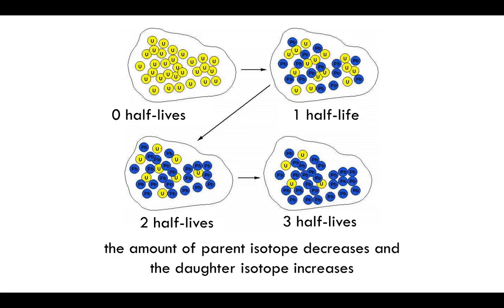And then by 2 half-lives, half of that half, and then by 3, half of that half of that half, and you can see that the amount of lead gets bigger and bigger and bigger. So here at 1 half-life it's 50%, and then it's 75, and so on. It continues to increase until eventually it's all daughter isotope and the parent isotope is gone.